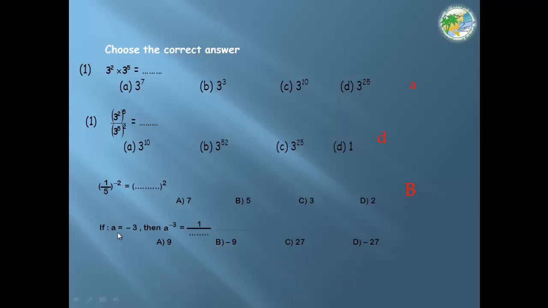If a equals negative 3, then a power negative 3 equals 1 over what? Prep 1, if a equals negative 3, that means negative 3 power negative 3. What does negative 3 power negative 3 equal?